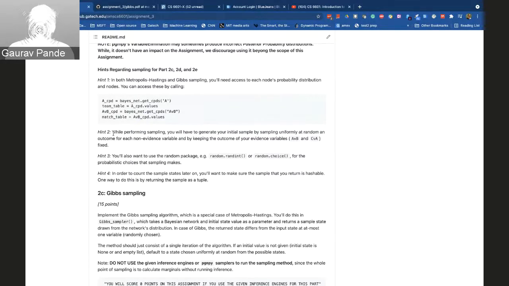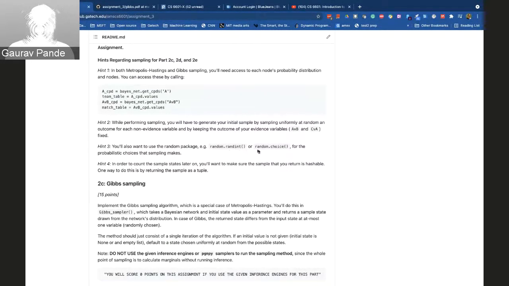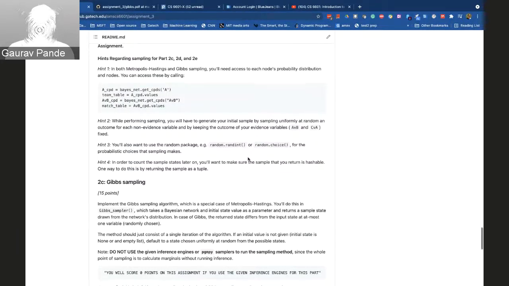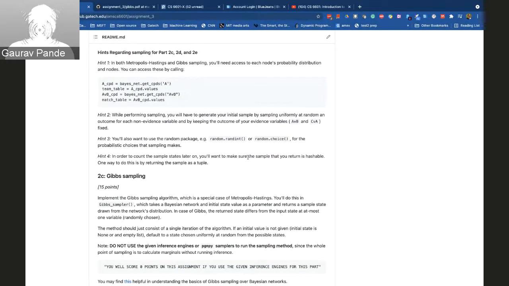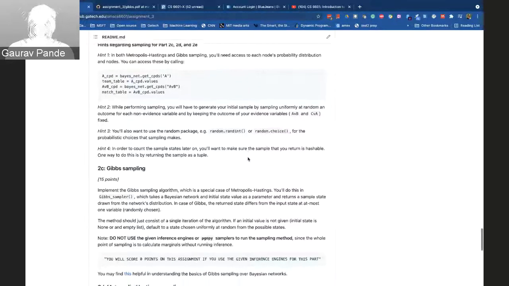If you have been given an initial sample, it's well and good. If you have not, you can initialize it to something that you would want it to be. You are free to use random.random and random.choice or any other random library that Python provides.